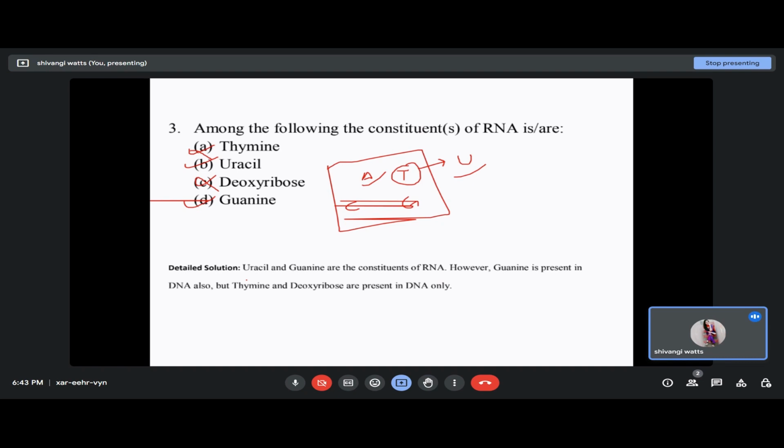So B and D are the only constituents present in the RNA.